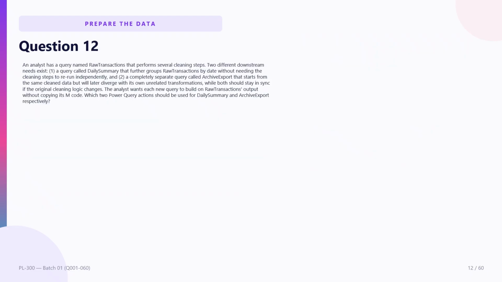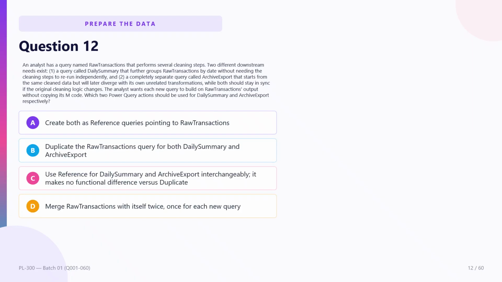Question 12. Prepare the data. An analyst has a query named raw transactions that performs several cleaning steps. Two different downstream needs exist. One, a query called daily summary that further groups raw transactions by date without needing the cleaning steps to rerun independently.